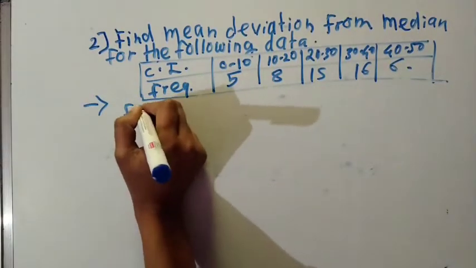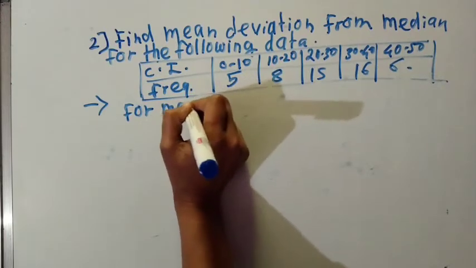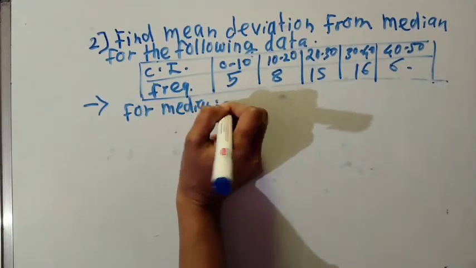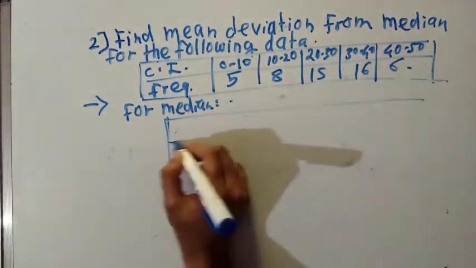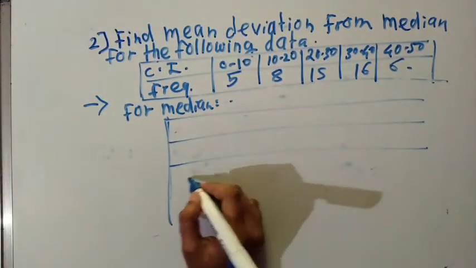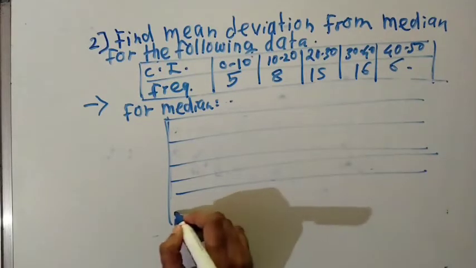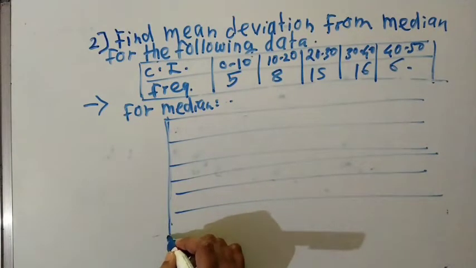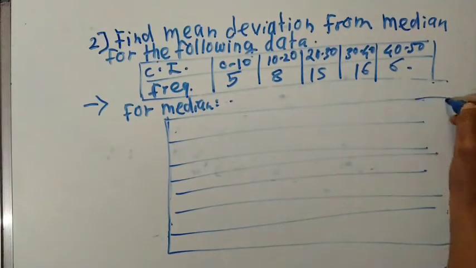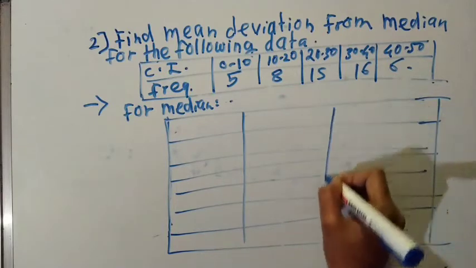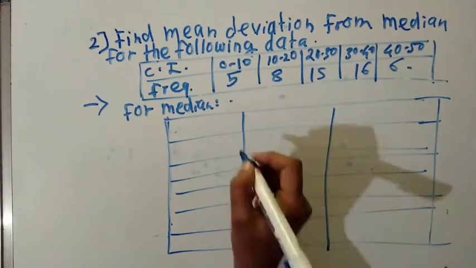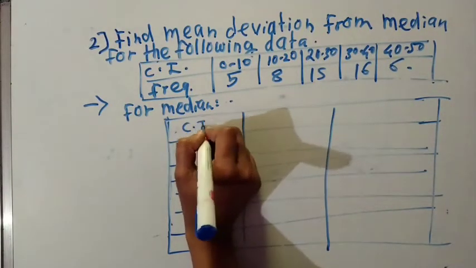Then for median, we draw this chart. This is class interval.